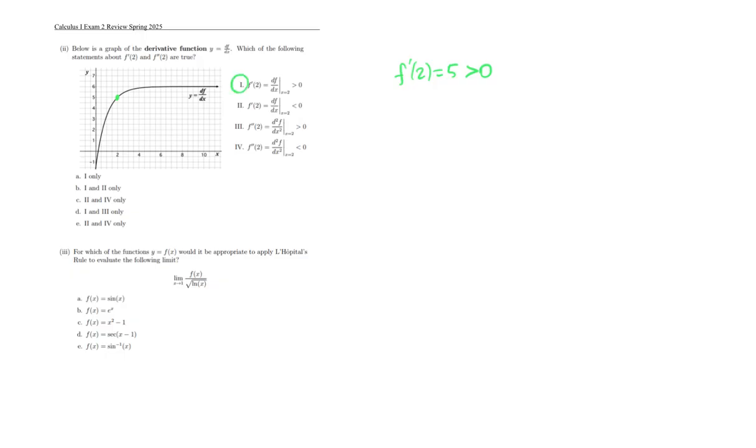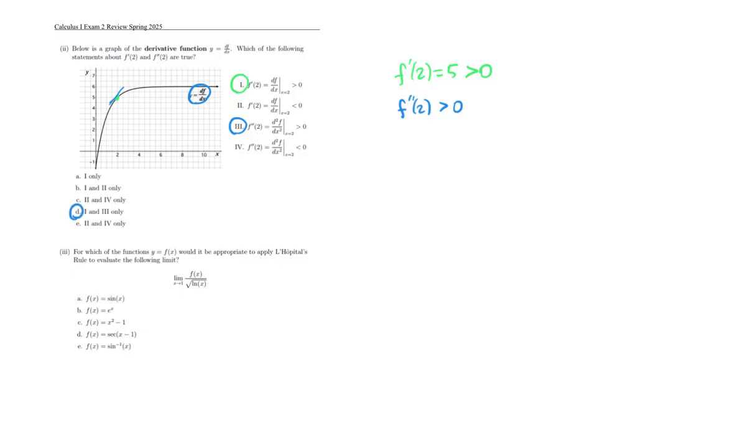And then I want to know about f double prime of 2. f double prime of 2 will be the rate of change of f prime. I can see that that's a positive slope. So f double prime of 2 is greater than 0, because I'm given the graph of the derivative. f double prime is the derivative of the derivative, so the rate of change of the derivative, which is a positive rate of change. So the correct answer is 1 and 3 only.